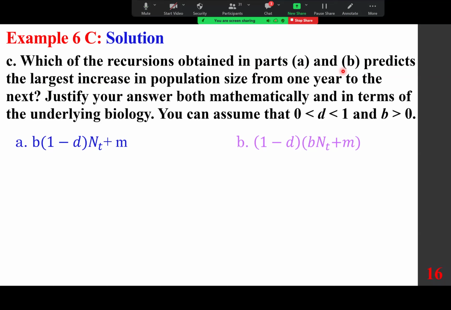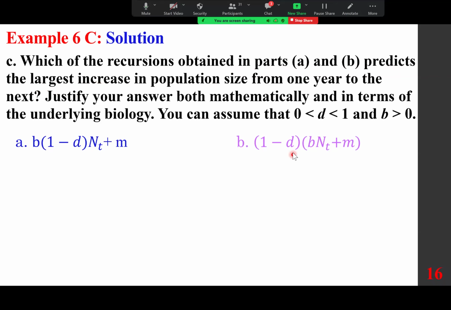Well, we can discuss it from a biology point of view, or we can just do the math. As far as the math is concerned, all you have to do is subtract one from the other and see what happens. If I say part A minus part B, and the result is positive, then I can prove that this gives us more; if it's negative, this gives us more.